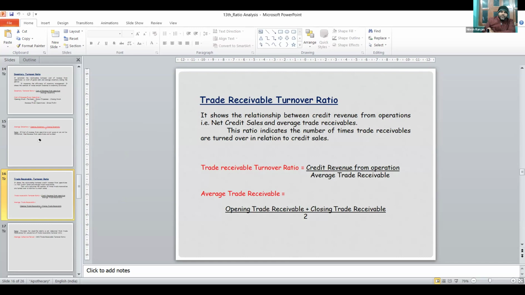Now what is the meaning of trade receivable? I have just told you, trade receivable equals debtors plus bills receivable.